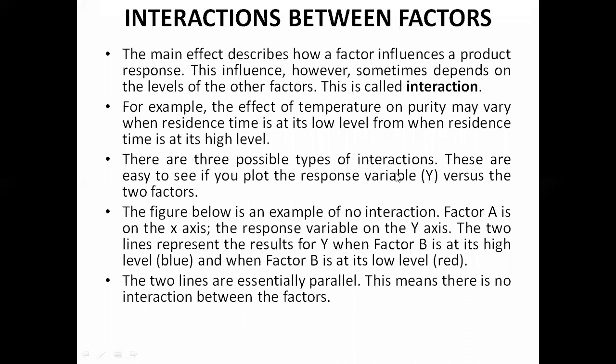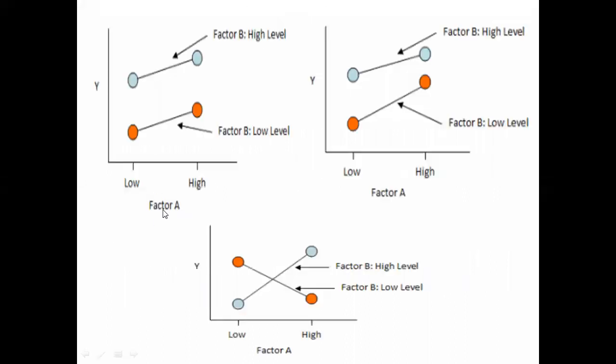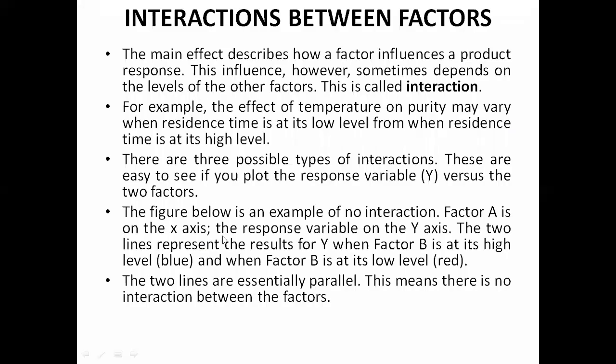There are three possible types of interaction. These are easy to see if you plot a response variable y versus the two factors. The figure below is an example of no interaction. Factor A is on the x-axis and the response variable is on the y-axis.